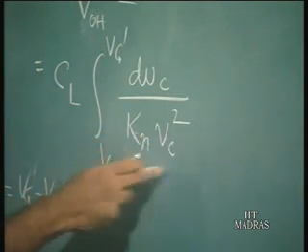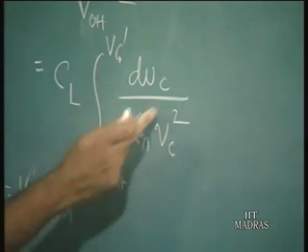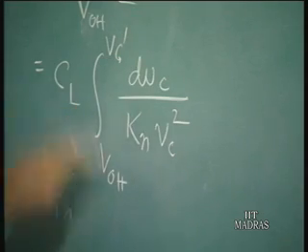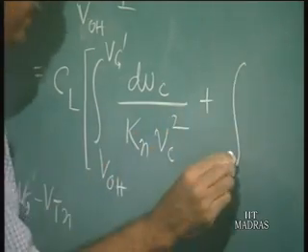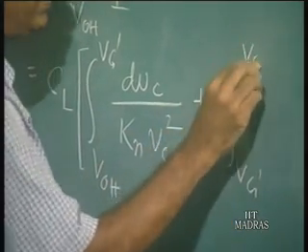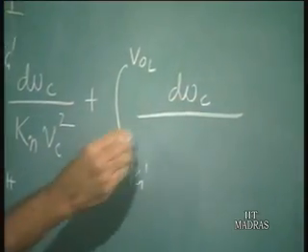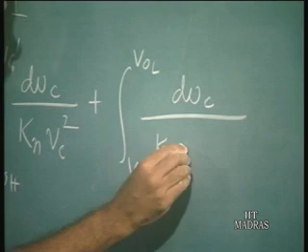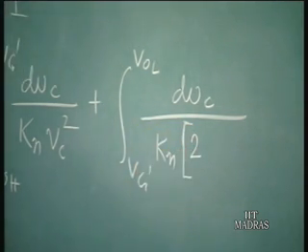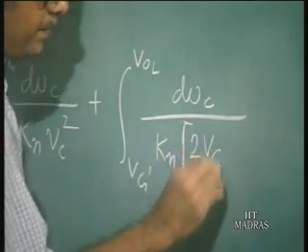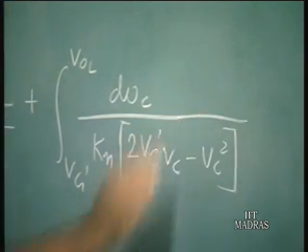Vc is actually the drain voltage also; the voltage across the capacitance is also the drain to source voltage of the MOSFET. Plus, you have CL, from VG prime to VOL. In this range the MOSFET is in the linear region, so you have Kn times 2 Vg prime Vc minus Vc squared. So, this is the equation.